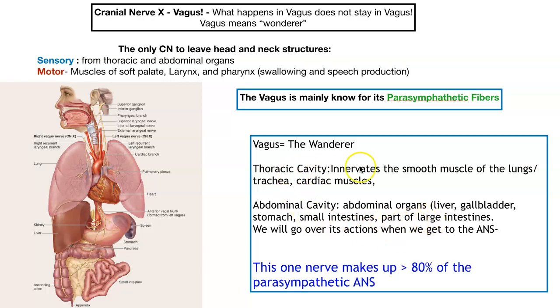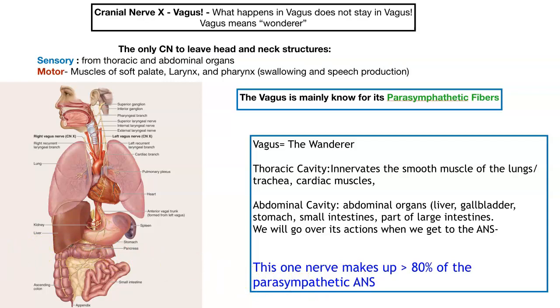So huge, huge. This one nerve, the vagus nerve, makes up more than 80% of the parasympathetic part of the autonomic nervous system. And we'll go over this vagus nerve more in depth when we get to the autonomic nervous system.